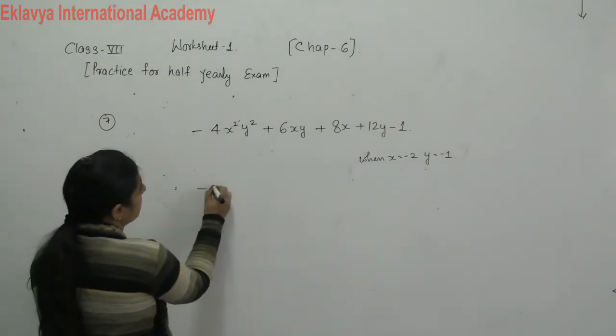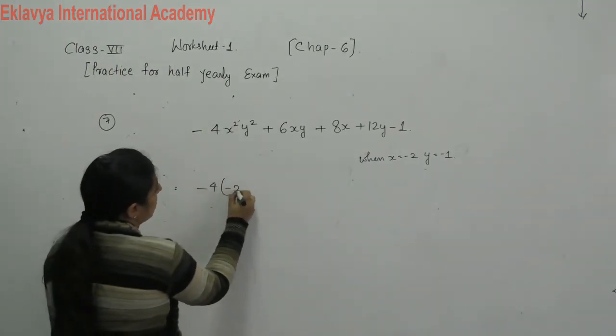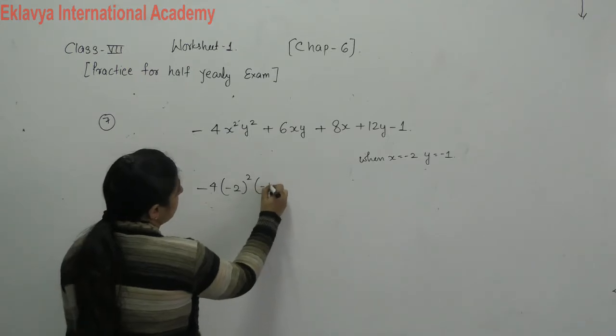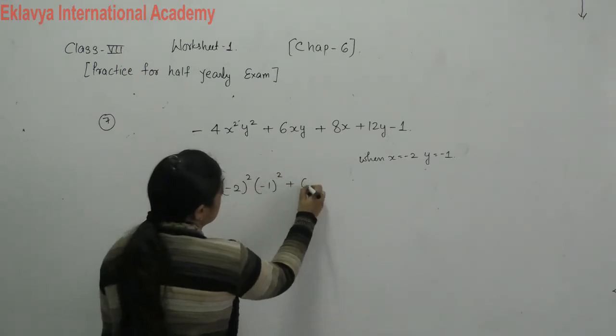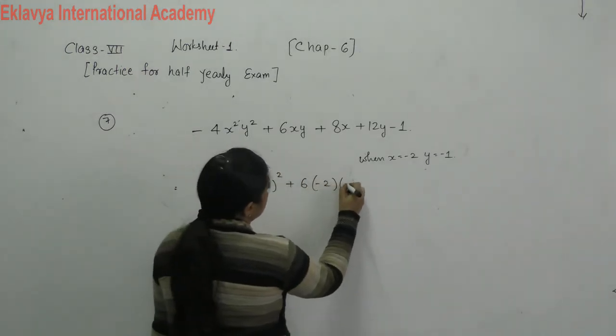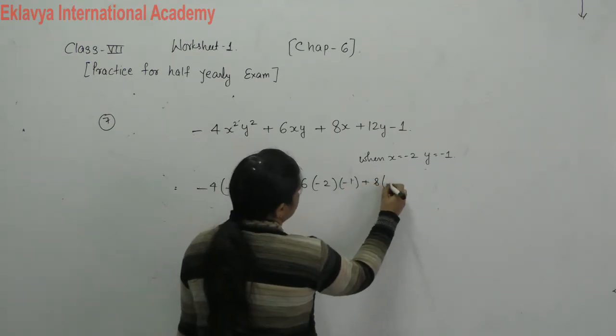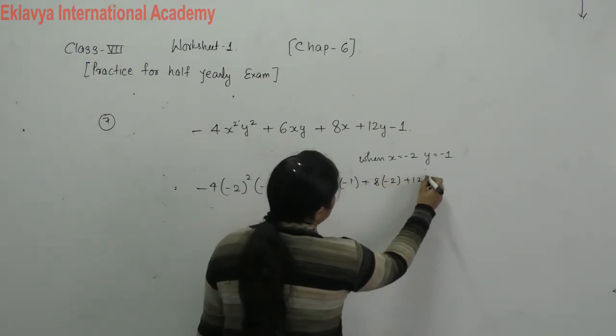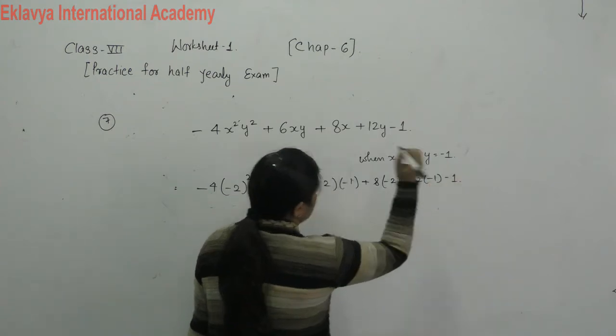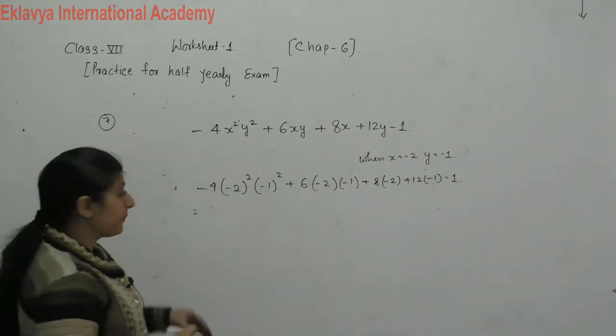Now put the values: minus 4 into minus 2 whole square into minus 1 whole square plus 6 into minus 2 into minus 1 plus 8 into minus 2 plus 12 into minus 1 minus 1. Now solve it.